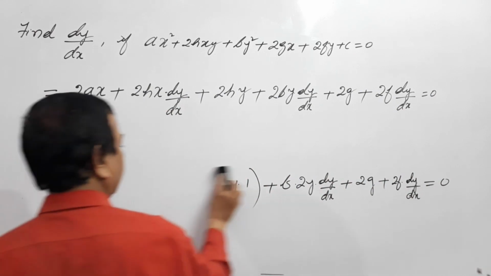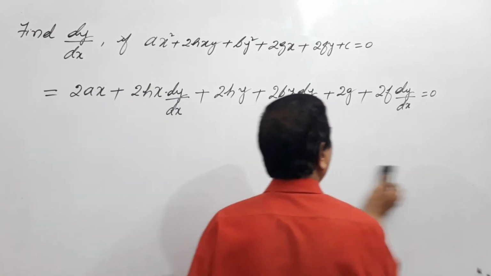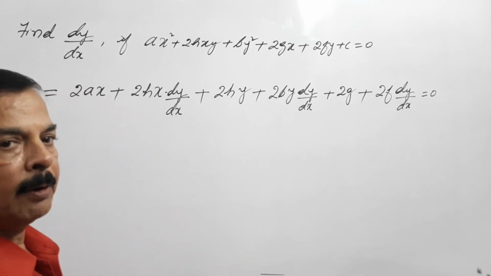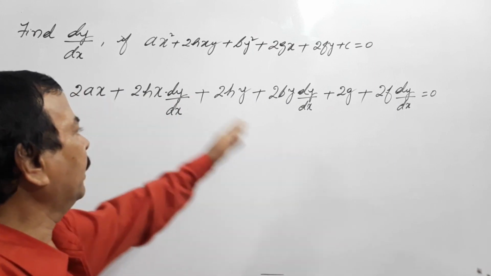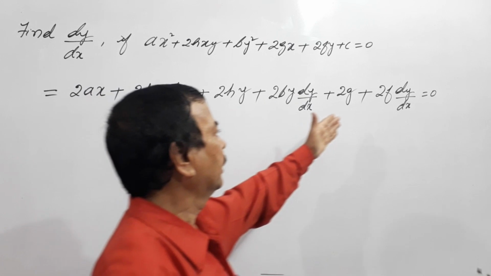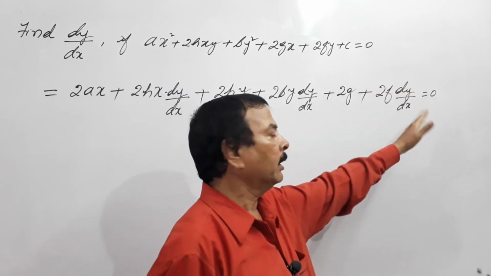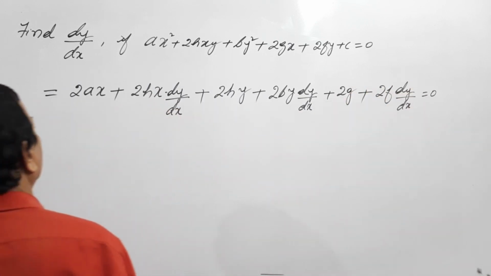I'll rub this. So what I'll do to simplify this, I'll divide throughout by 2 because all the terms contain 2. So divide everything by 2. So what happens here?